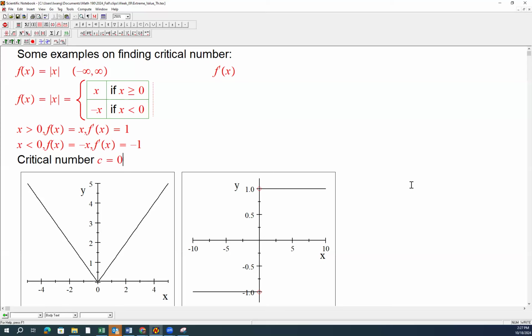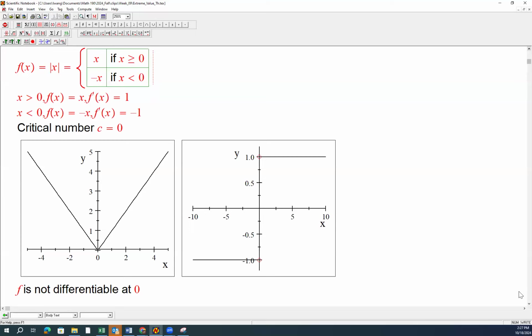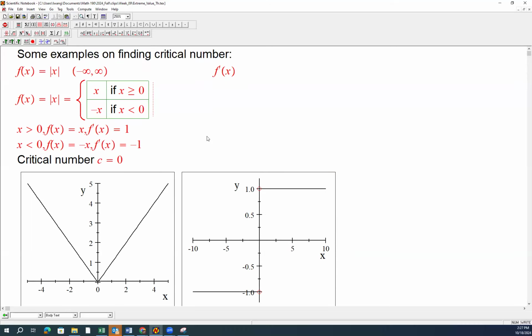Okay, so now let's look at this other function we have here. f is not differentiable at 0, so I'm going to put it here. That has been proved. So this is f, and f derivative.